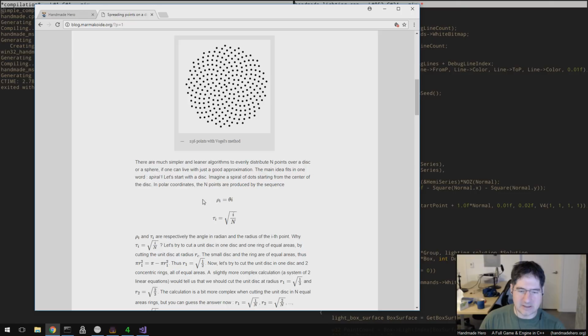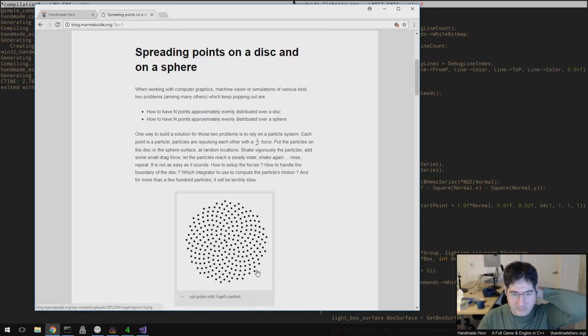So here you can see what we've got in terms of the distribution. And I believe n is the number of points you want to do, right? I'm assuming, yeah, n is the number of points produced by the sequence. Theta is presumably the rate at which you want to spiral, I would assume. I'm not sure, though. Do they define theta anywhere?